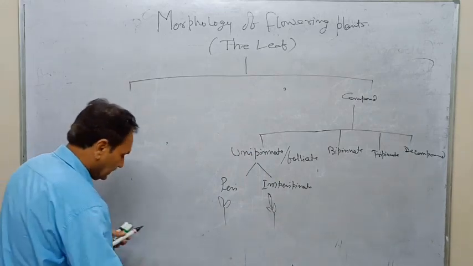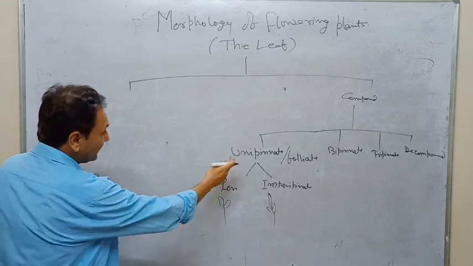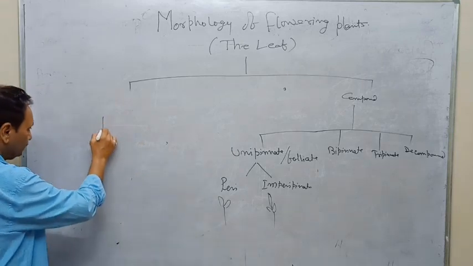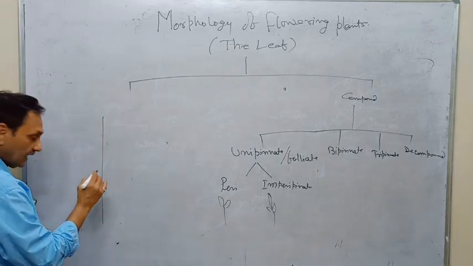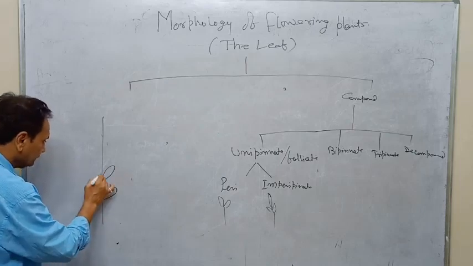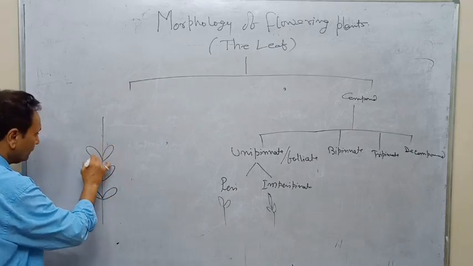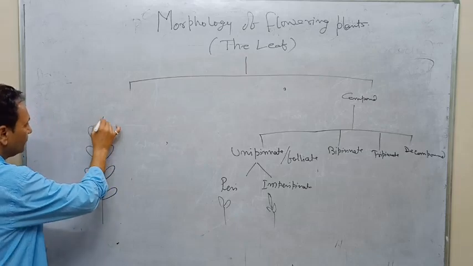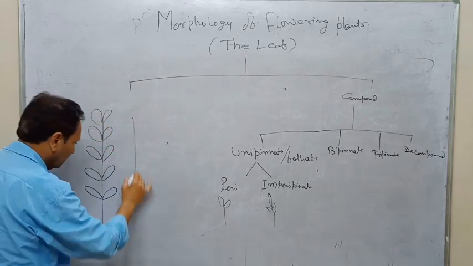Here we will see that this unipinnate, suppose this one is the midrib, and directly leaflets are arranged on it. Or like this.